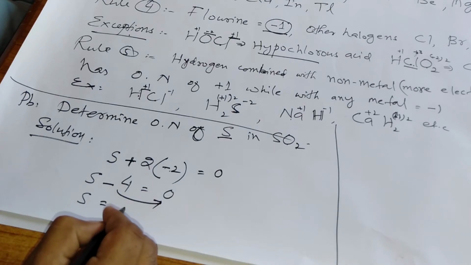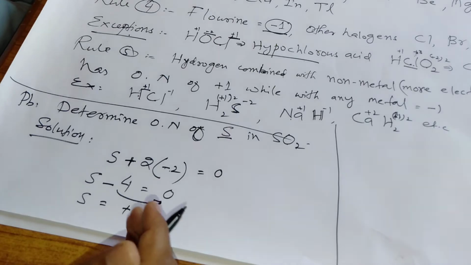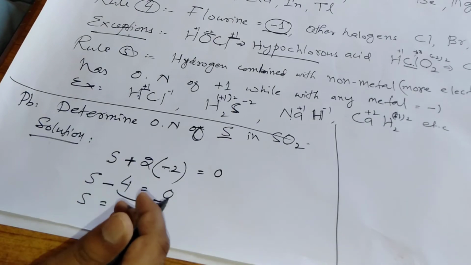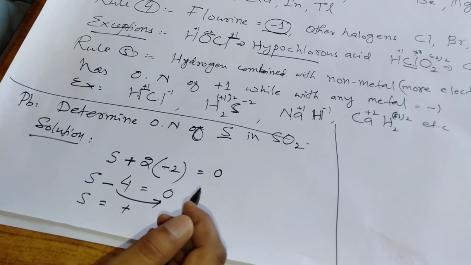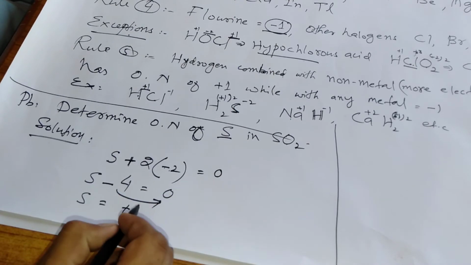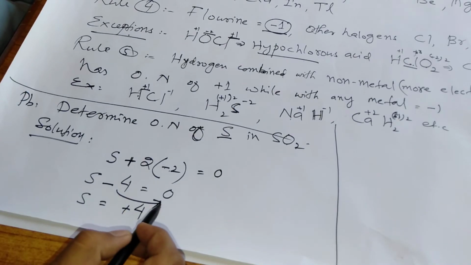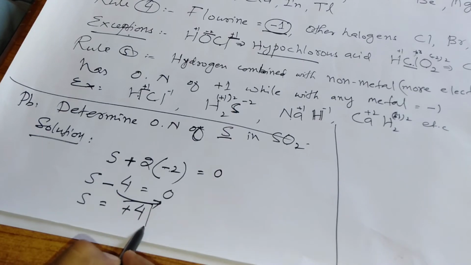It will be with a positive sign because it is a mathematical rule that whenever you move any term across the equal sign, its sign changes. So this number will be +4. In this way, the oxidation number found for sulfur is +4.